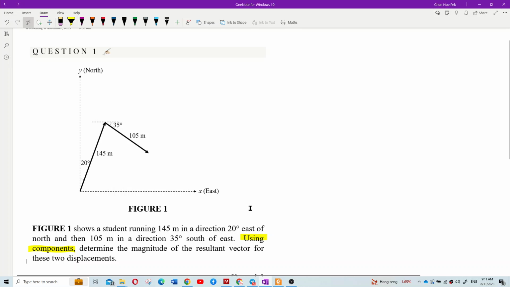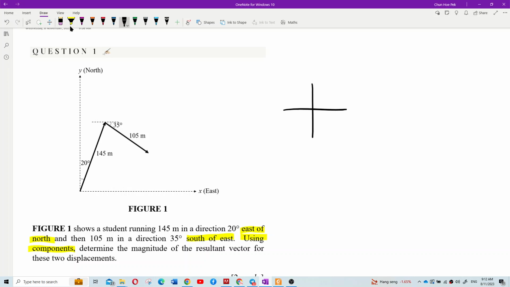Okay, so 20 degrees east of north. Do you still remember about this? East of north and south of east. East of north means this is north, east, south, west.